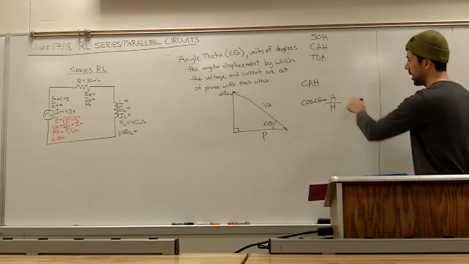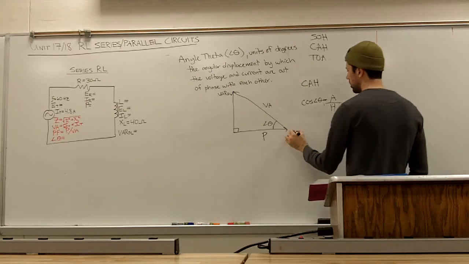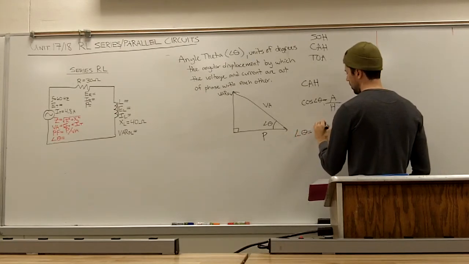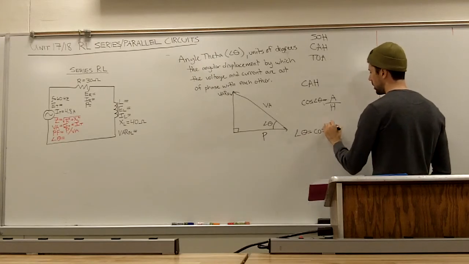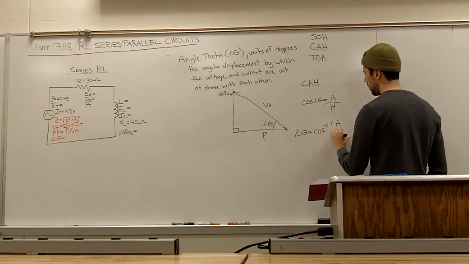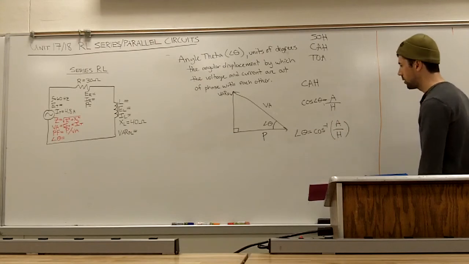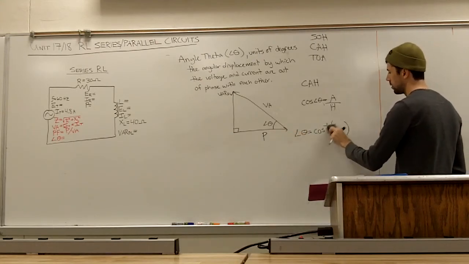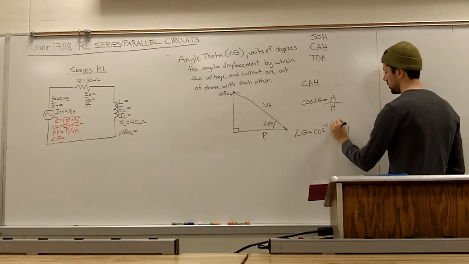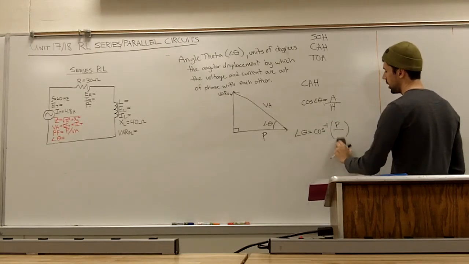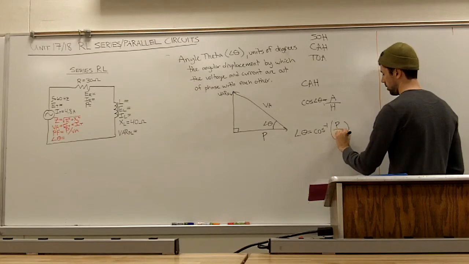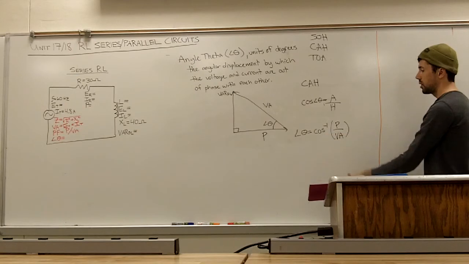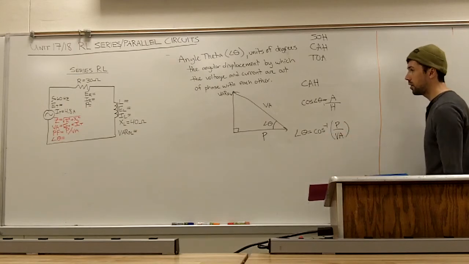I need to solve for angle theta, so solving algebraically gives me the inverse cosine, or the arc cosine, of the adjacent divided by the hypotenuse. In the case of this triangle, the adjacent side is P, and my hypotenuse is the apparent power VA. So our equation for angle theta is the inverse cosine of P divided by VA.